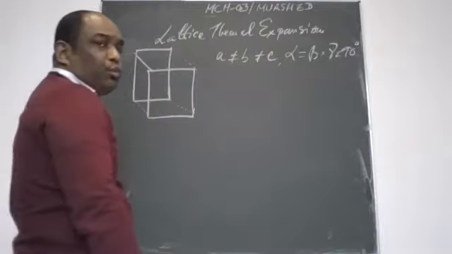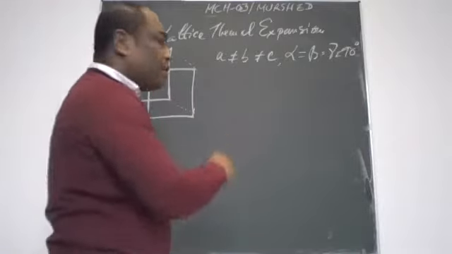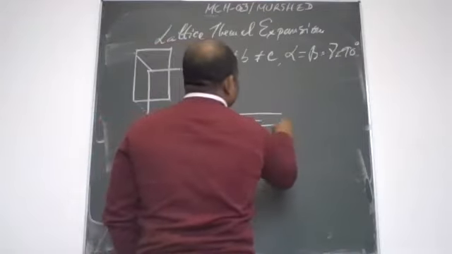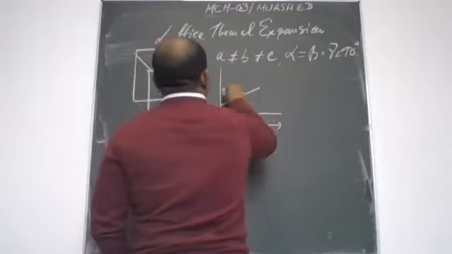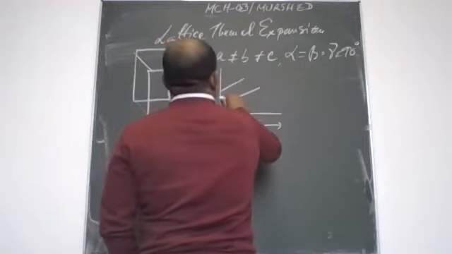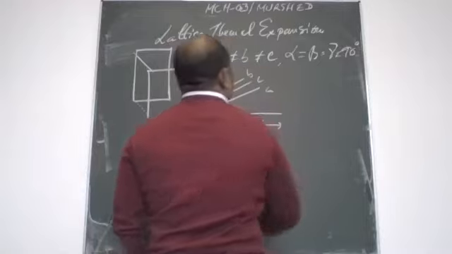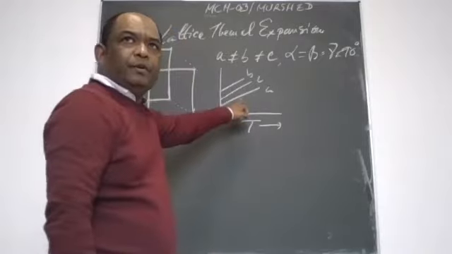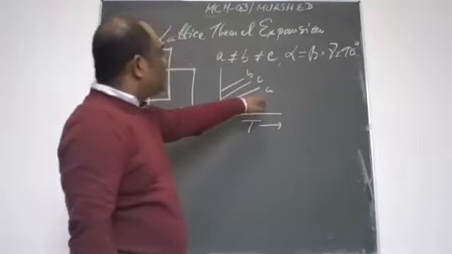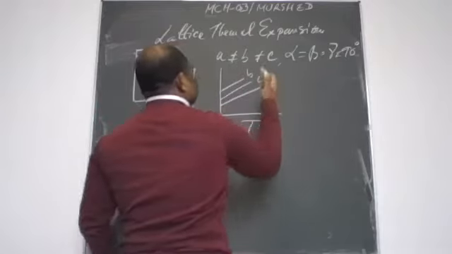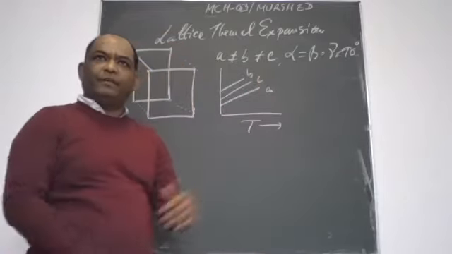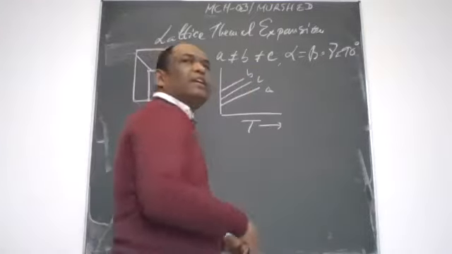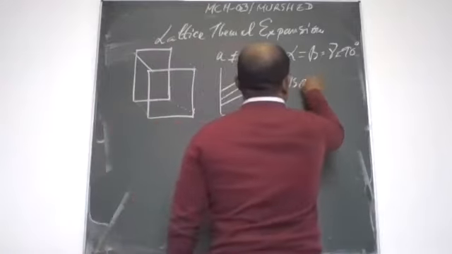If a system shows so-called positive thermal expansion in the orthorhombic system, then you will see that with increasing temperature, A, B, and C all increase. And if you carefully look at the slope, it looks more or less similar in the A, B, and C directions. If the slope is similar, then we call it isotropic thermal expansion.